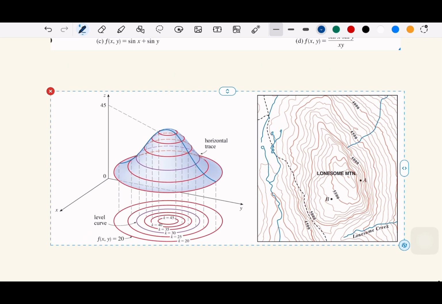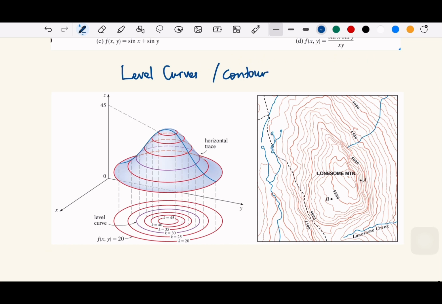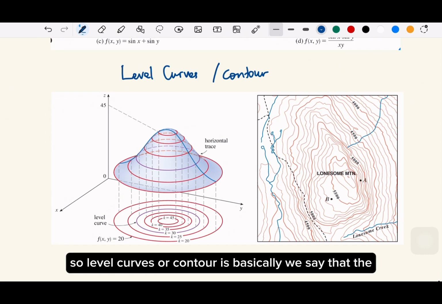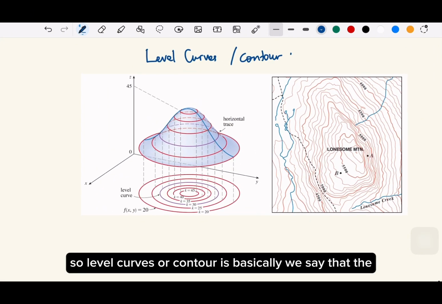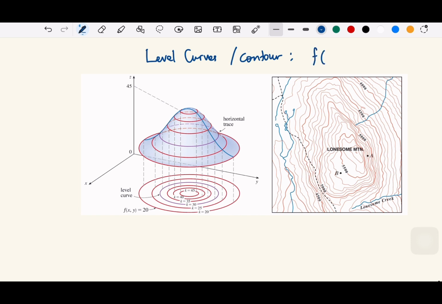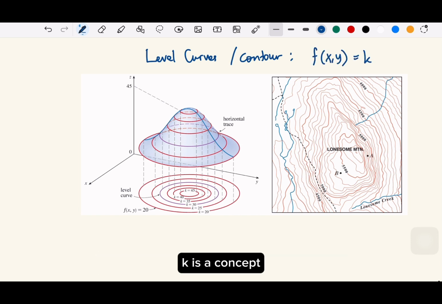This is what we call level curves or contours. Level curves or contours are basically where the function of two variables is equal to k, where k is a constant.